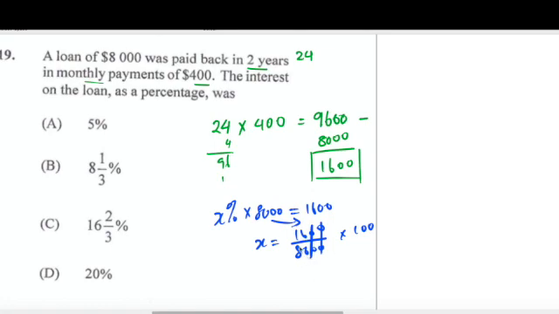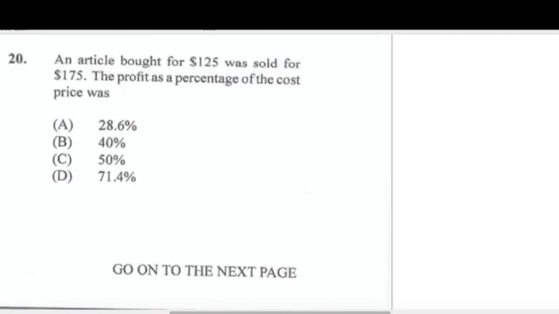So 16 divided by 80. Well, I know that 16 divided by 8 is 2, and therefore 16 divided by 80, I'll carry the decimal place one step back, so it'll be 0.2, right? So 0.2 times 100 is 20%. The answer is D.